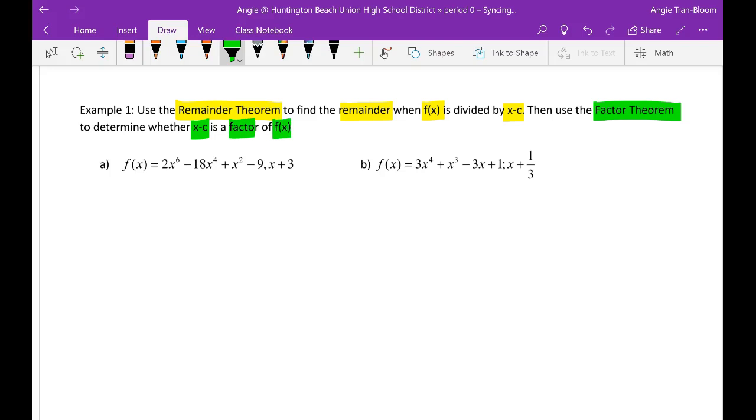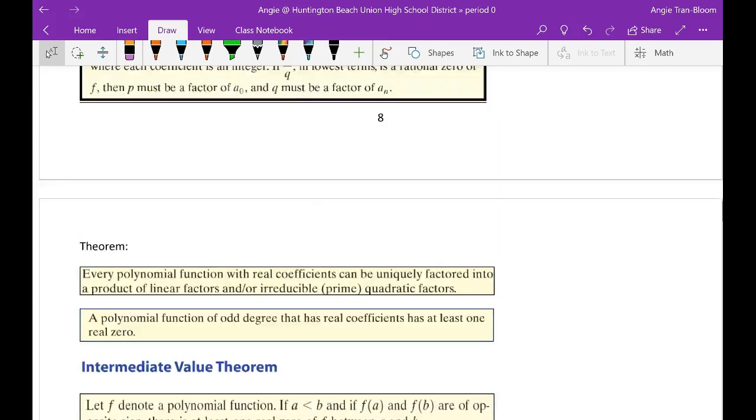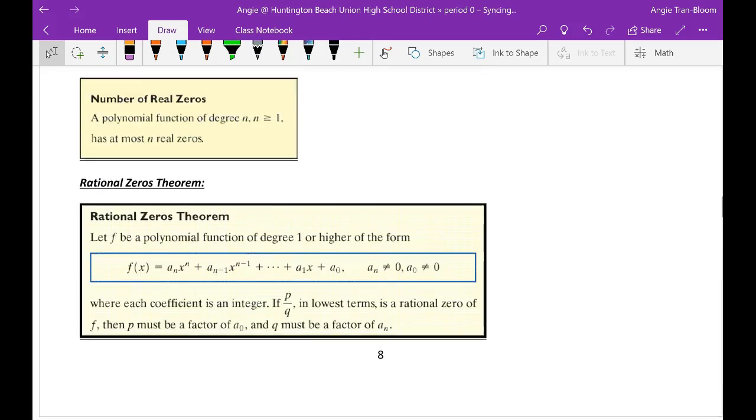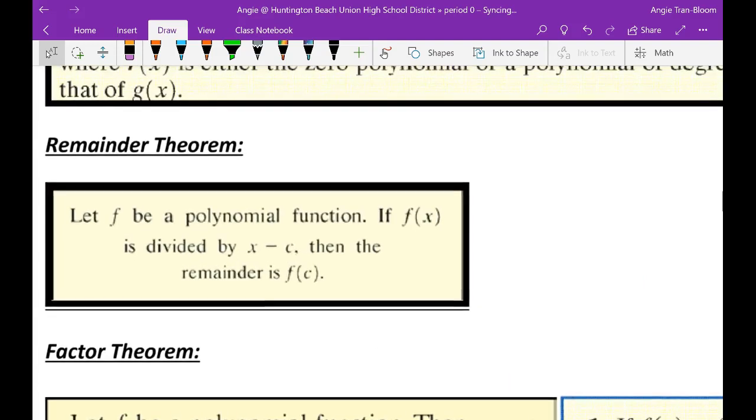So let's go back. The last time we talked about the remainder theorem, so let's look at what the remainder theorem states. It's all the way up here. Let f be a polynomial function.